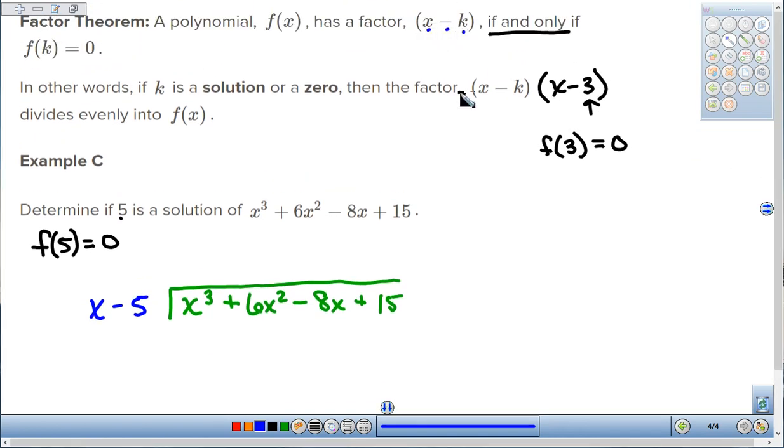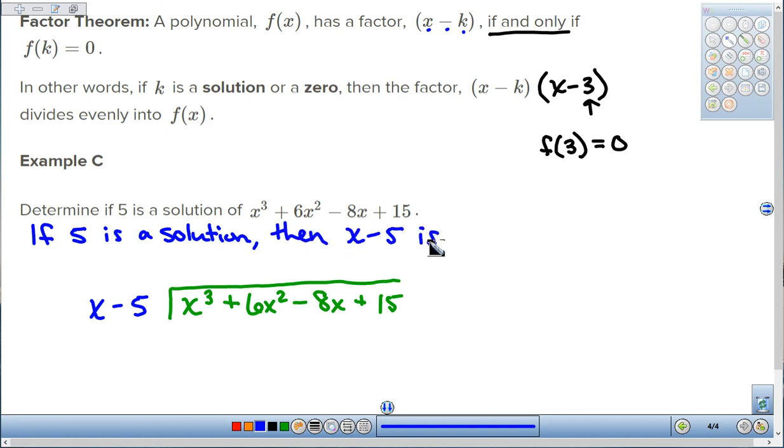If it says x minus k, then k is a solution if x minus k is a factor and vice versa. So since this says we want to know if 5 is a solution, let me rewrite this in words. If 5 is a solution, then that must mean that x minus 5 is a factor.